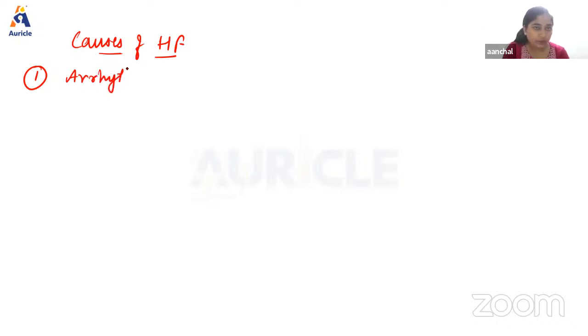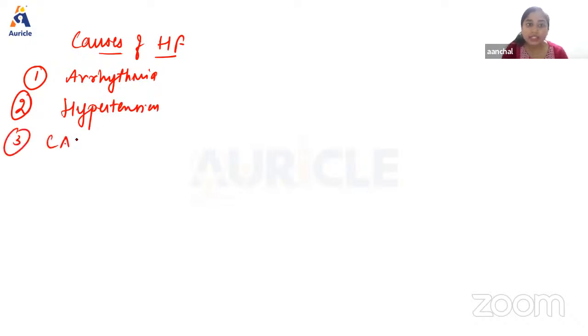Then what are the causes of heart failure? Various causes are there, like arrhythmia. Arrhythmia means irregular heartbeat, right? Then hypertension could be another cause. Then coronary artery disease could be the reason.